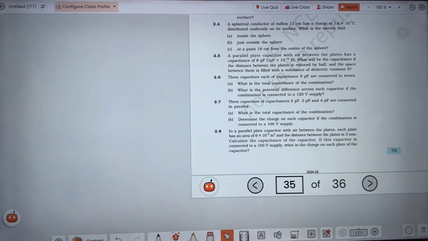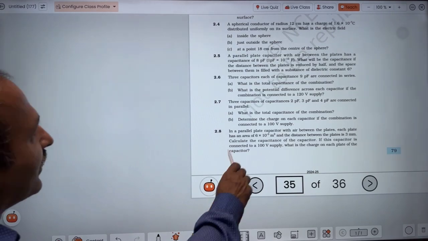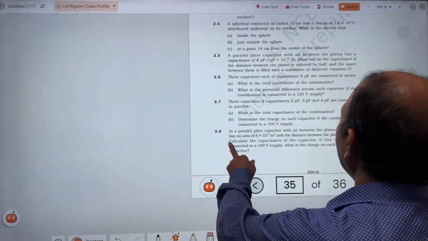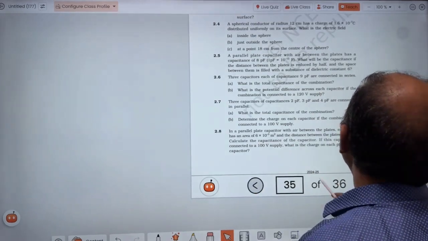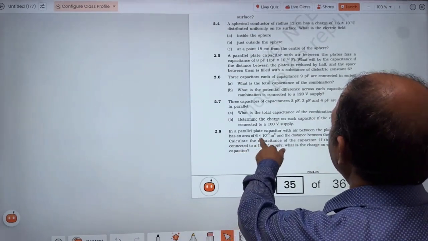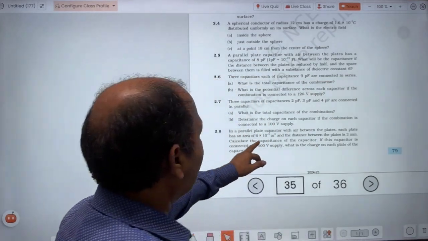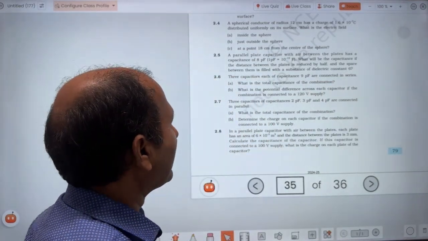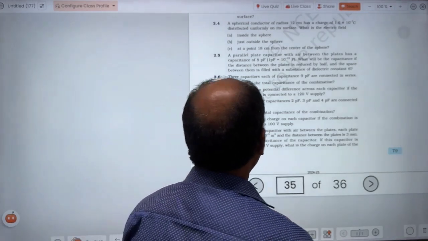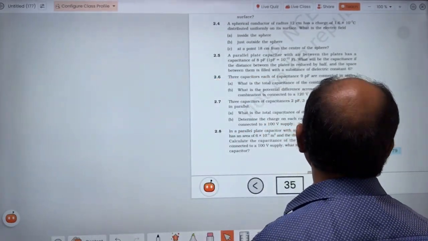Think. You can do it. It's not tough. Information is given. So area is given as 6 into 10 to the power minus 3 meter square, and the separation is given as D equal to 3 into 10 to the power minus 3 meter.